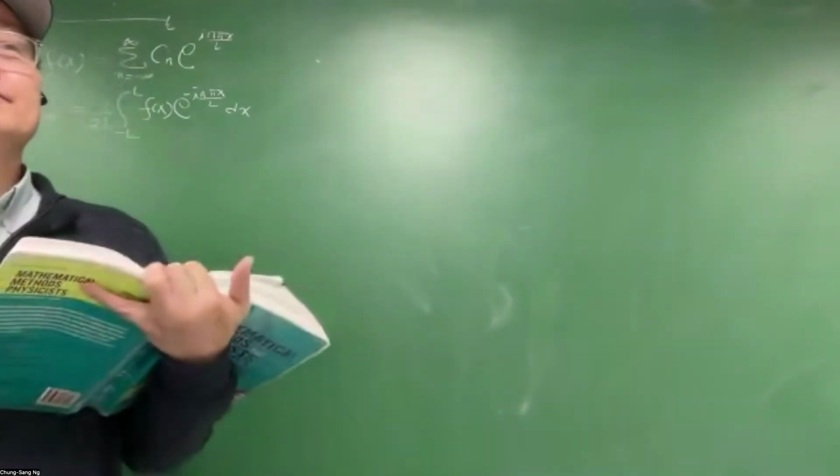And then we also say that you can write it as the so-called orthonormal condition. It basically defines a basis, which is this one divided by the square root of 2L.